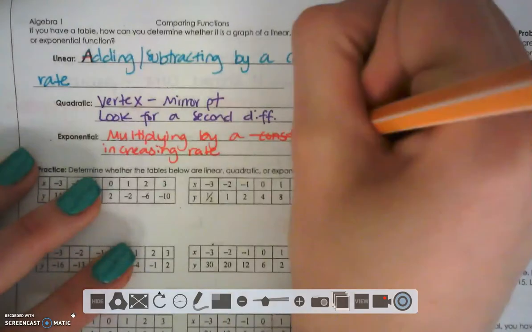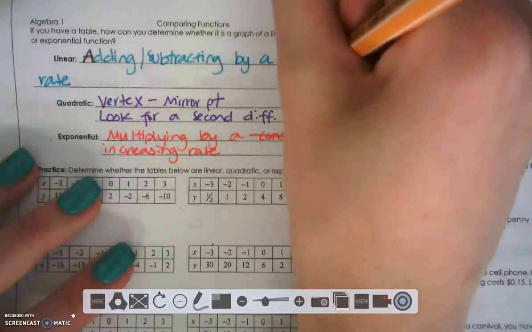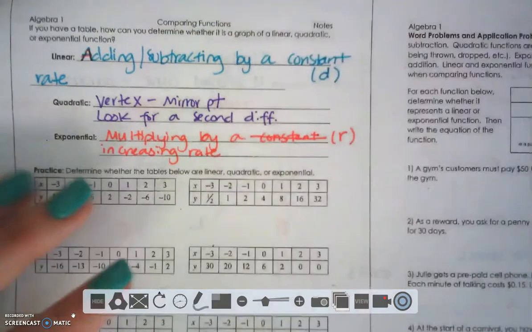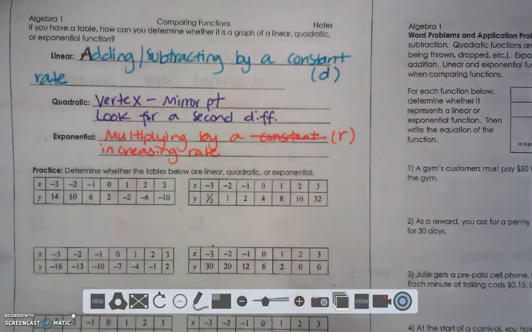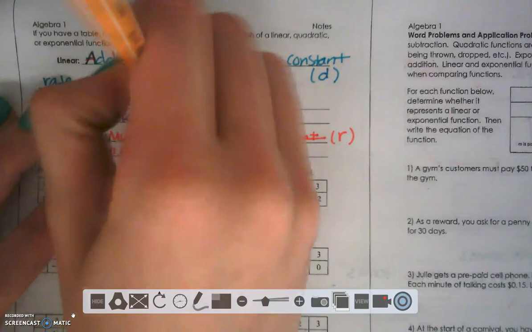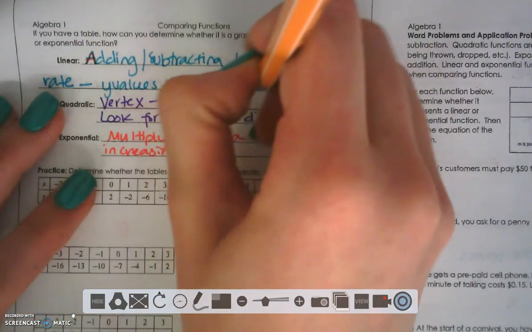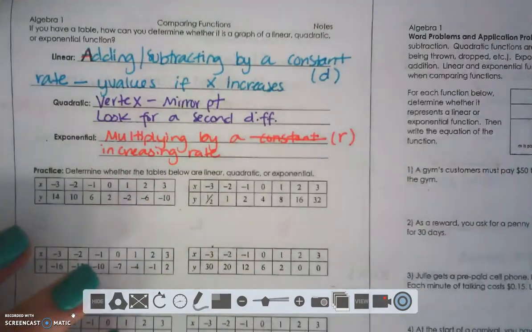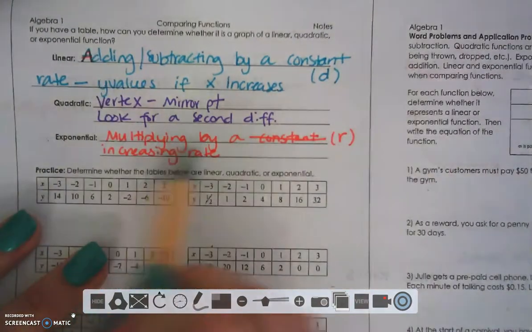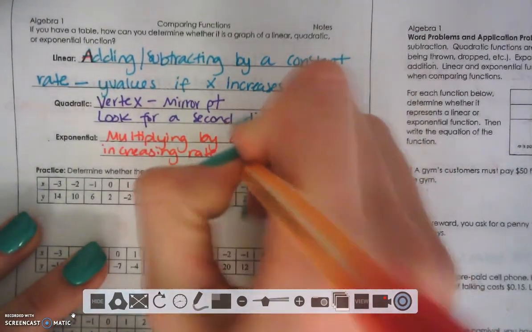Okay, we have that common ratio R, where in linear we have that common difference D. Okay? And when I'm saying adding and subtracting by a constant rate, I'm talking about the y values if x increases. And in exponential, I'm also talking about multiplying by an increasing rate, okay, multiplying by R for my y values.